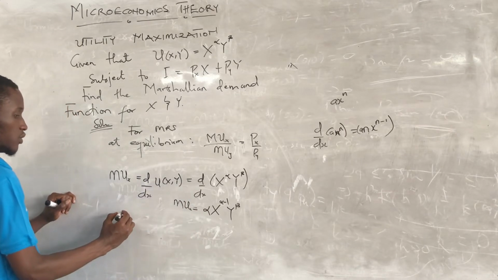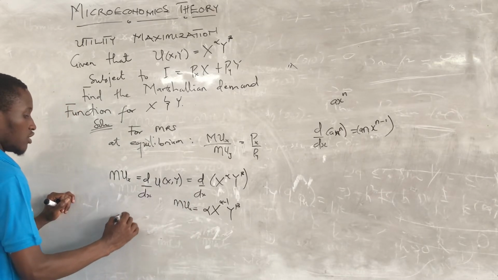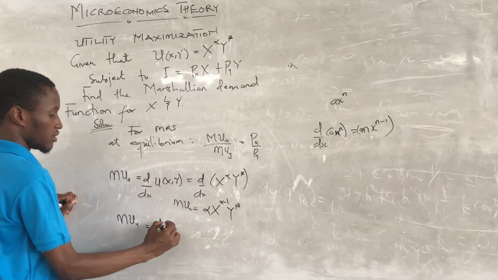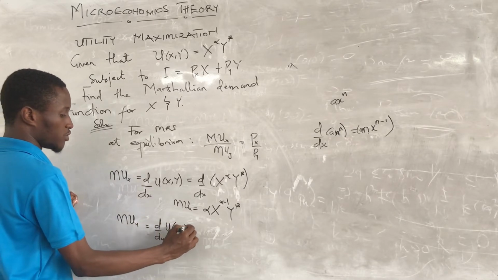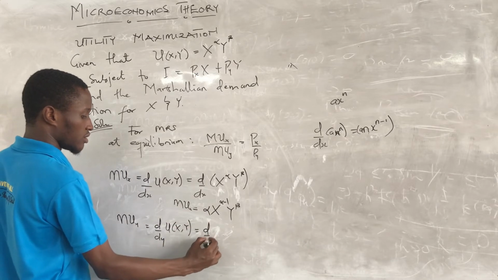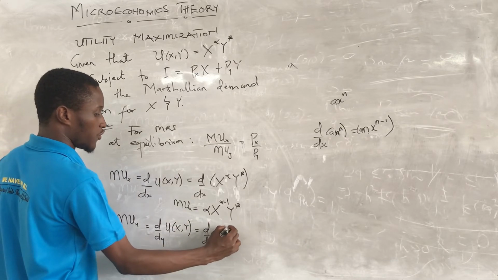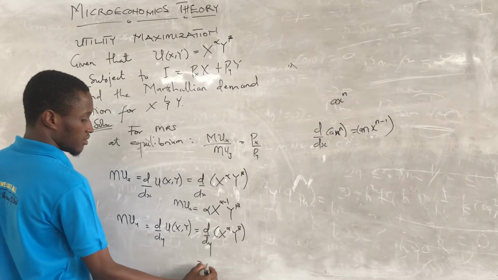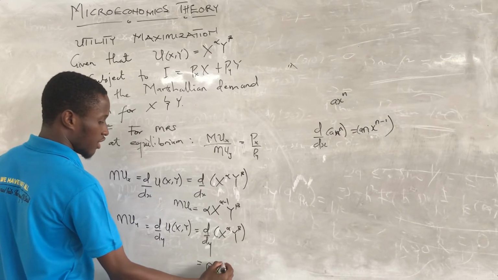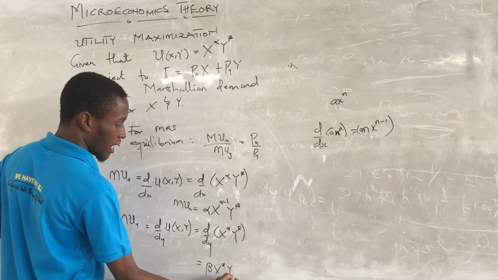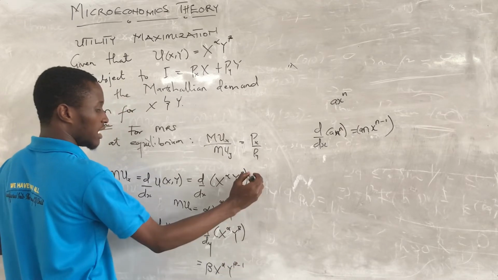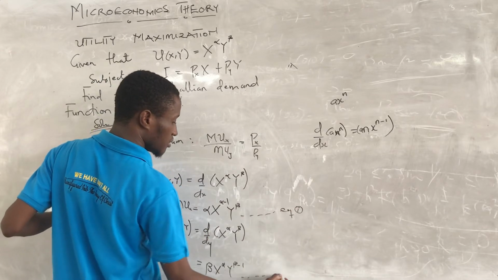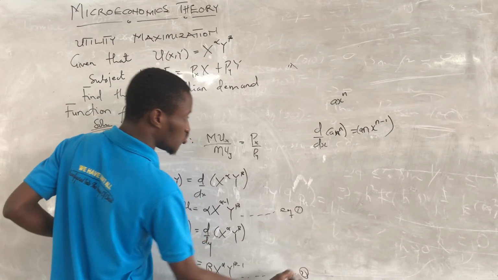So similarly, you find the MUy. MUy becomes the derivative with respect to y of x^alpha y^beta. This gives us beta x^alpha y^(beta-1). Let this be equation 1 and let this be equation 2.